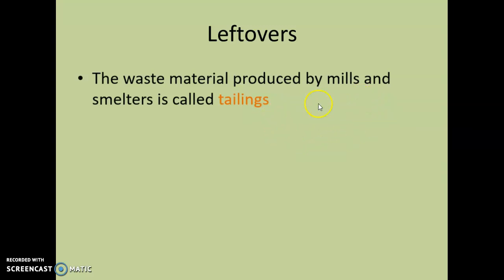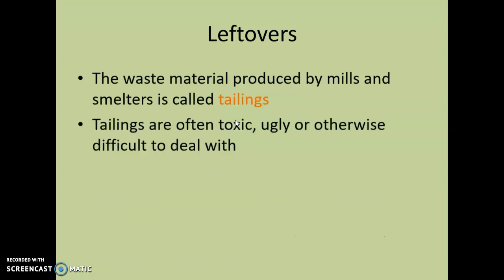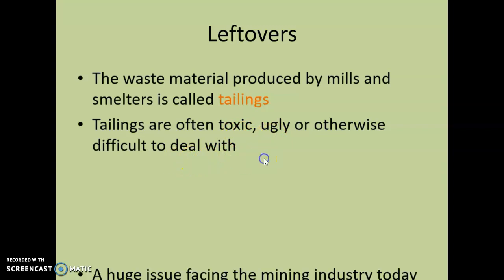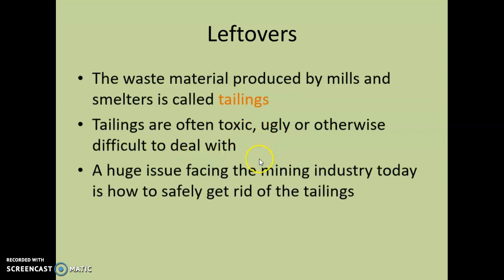They let it cool, let the bad stuff sink to the bottom, and then they siphon off whatever they can, usually into the water system. So the tailings are often toxic, ugly, or otherwise difficult to deal with. A huge issue facing the mining industry today is how to safely get rid of the tailings.